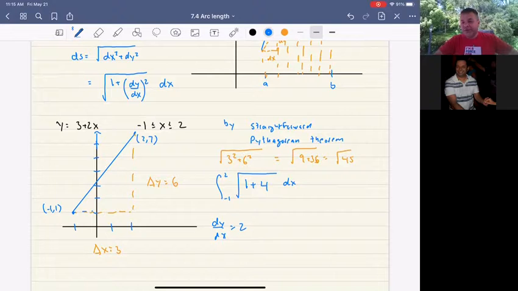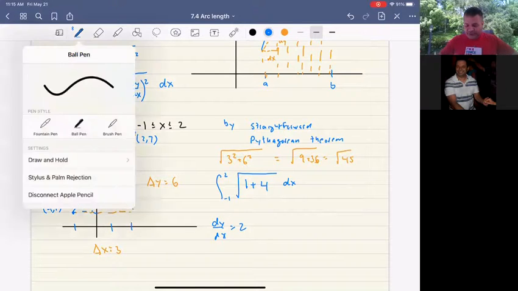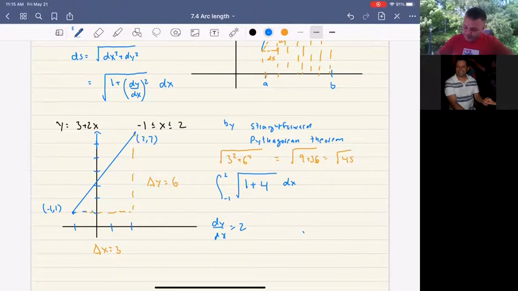Okay, so now let's calculate that. So that's going to be what? We're going to integrate root 5 from -1 to 2.